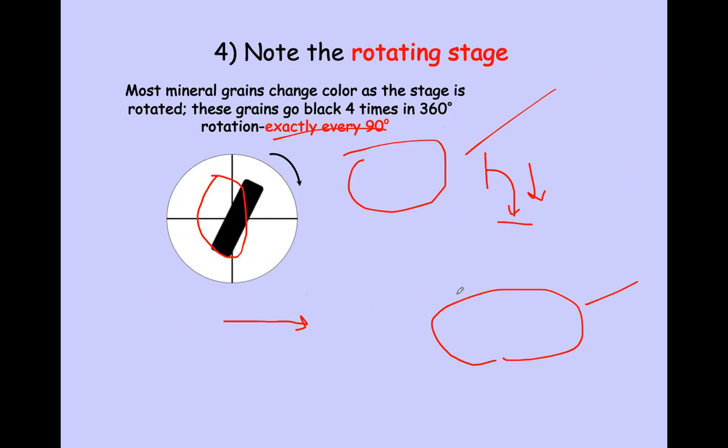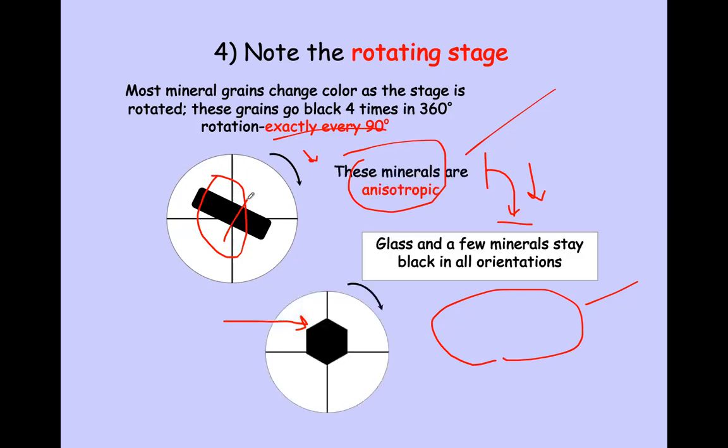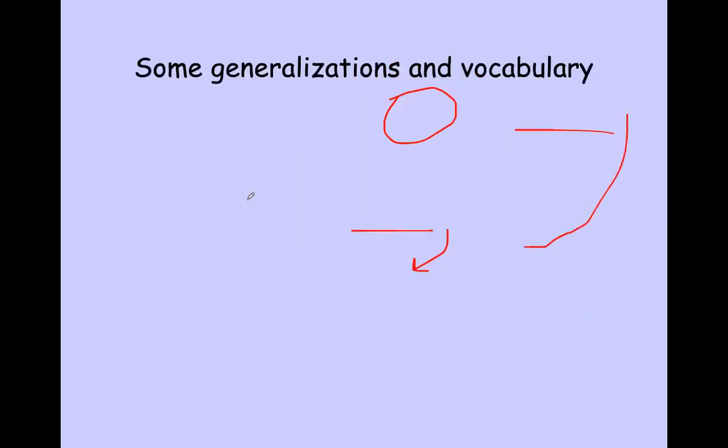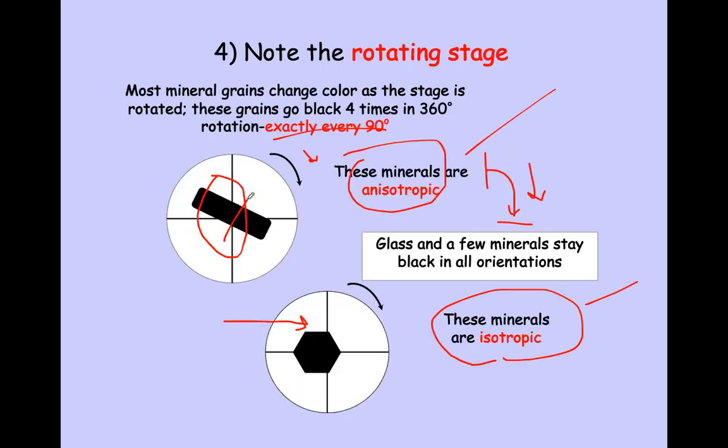For anisotropic minerals, it becomes black when the mineral is in this direction, meaning it cannot reorient the light. So this is a special direction for that mineral. Again, another direction is there, right?